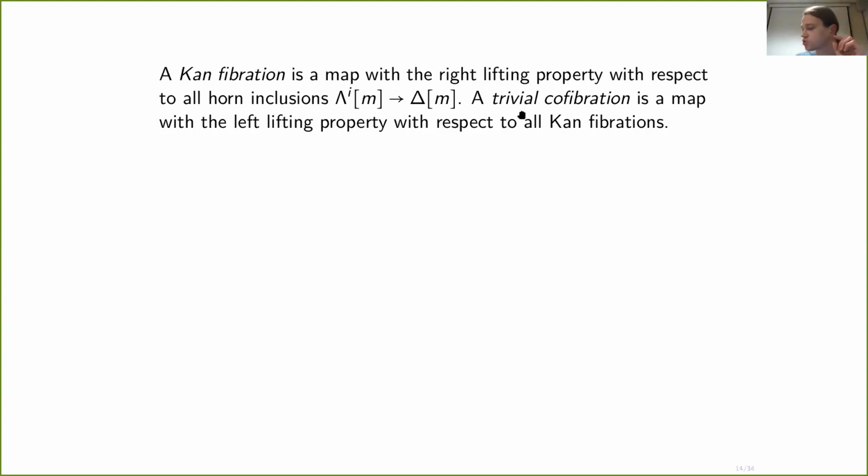And at this point, I should be explicit about the terminology that I'm using here. On the slide so far, I was talking about acyclic cofibrations. And let me remind you, an acyclic cofibration is a cofibration that is also a weak equivalence. A trivial cofibration is just a map with this left lifting property. Part of a theorem saying that there is a model structure is that trivial cofibrations are exactly acyclic cofibrations.